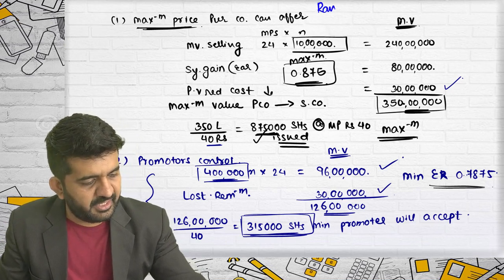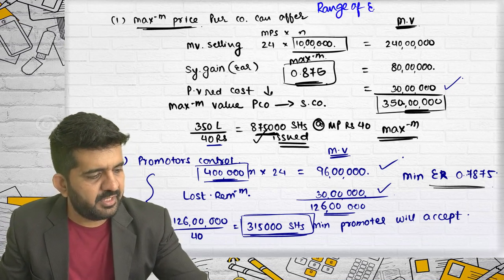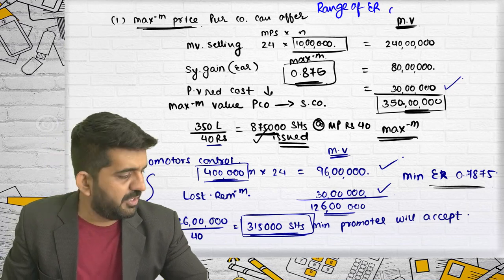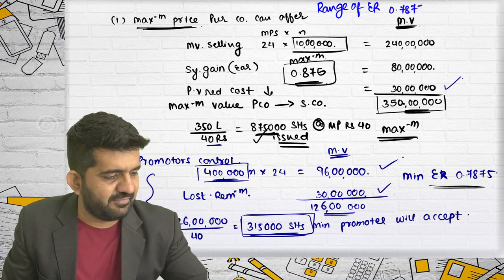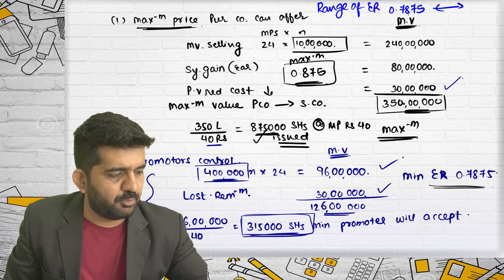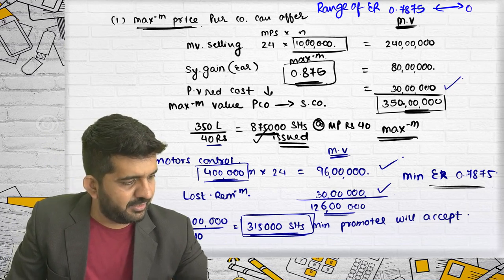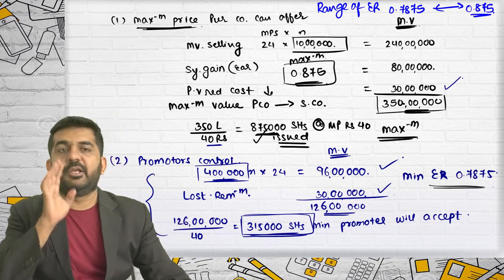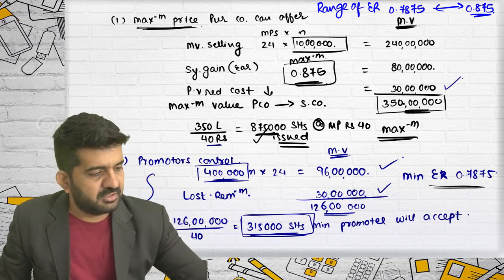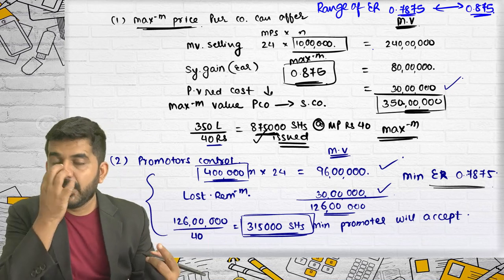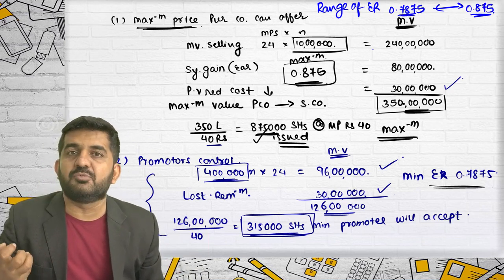It is a range of exchange ratio between 0.7875, where the selling company will negotiate for more than this, and 0.875, where the purchasing company will not be ready to pay more than this. I have told you the range in terms of exchange ratio.